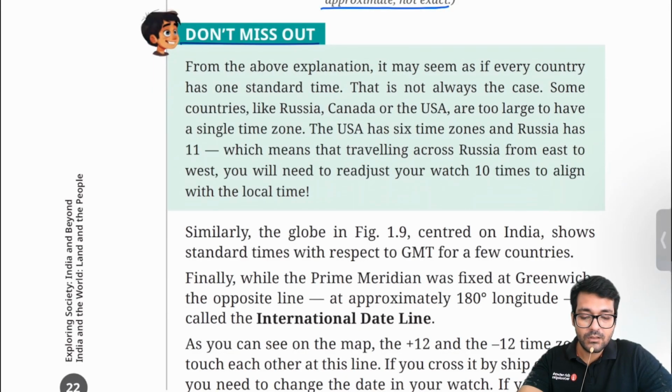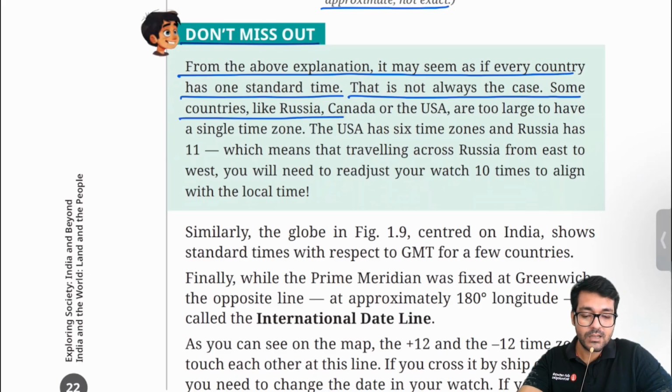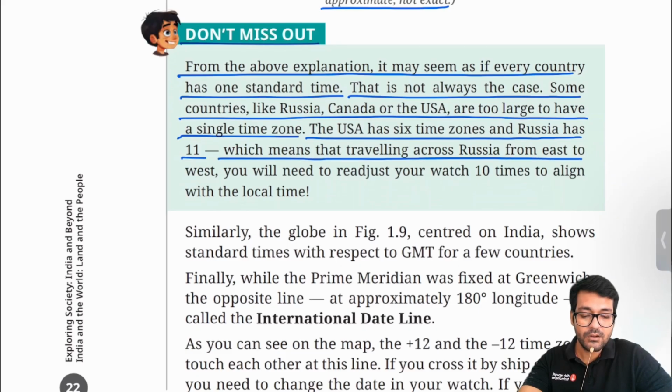Don't miss out. From the above explanation, it may seem as if every country has one standard time. That is not always the case. Some countries like Russia, Canada or the USA are too large to have a single time zone. The USA has 6 time zones and Russia has 11, which means that traveling across Russia from east to west, you will need to readjust your watch 10 times to align with the local time.